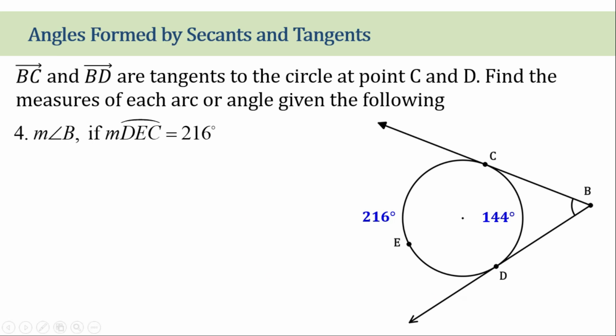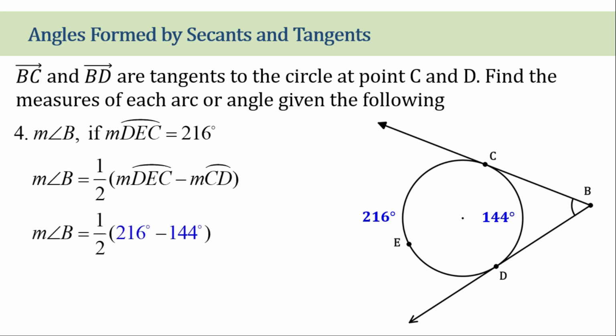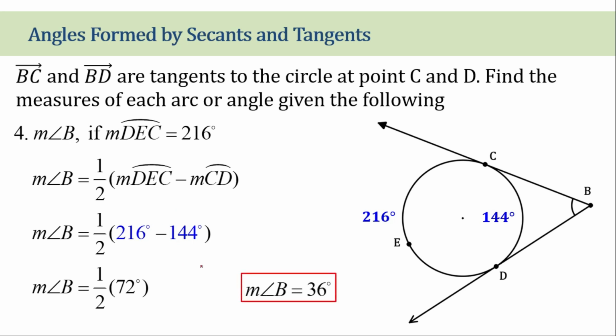Now to solve for this, we need to substitute all the given that we have. And we have 72 times 1/2, and that would be 36. So the measurement of angle B is 36 degrees.